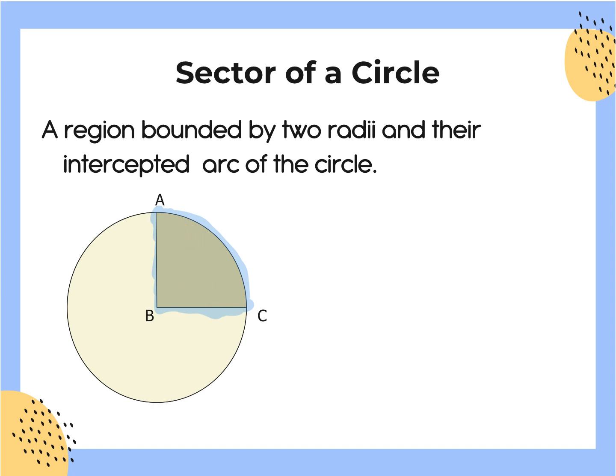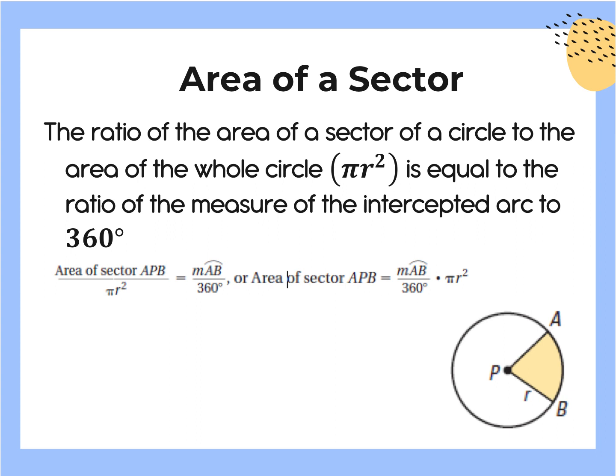It is like a piece of a pizza, a piece of a pie, whatever you want to call it, but it's literally the entire piece of the circle. It's not just the arc measure, it's not just the radius, it's the entire measurement inside.